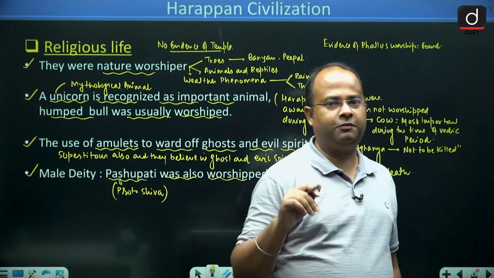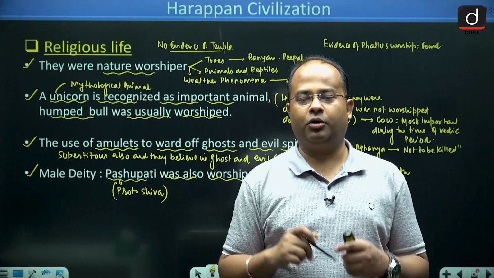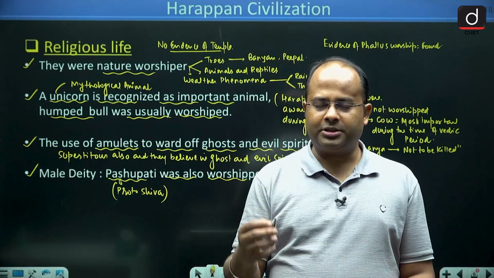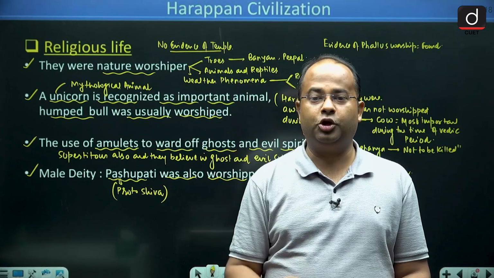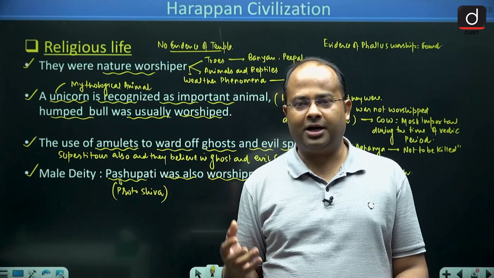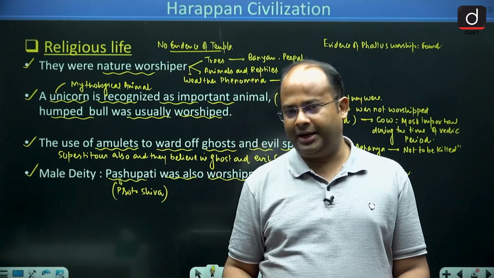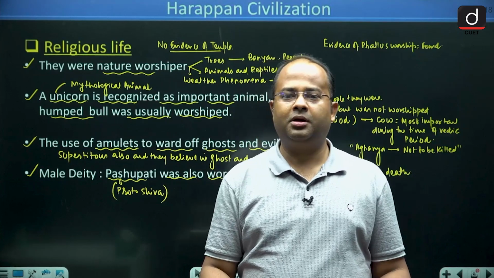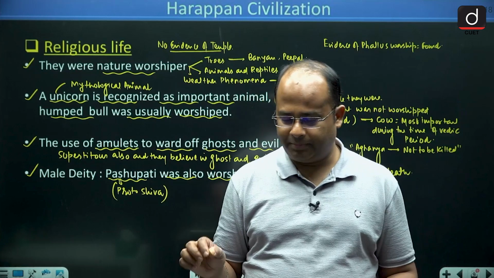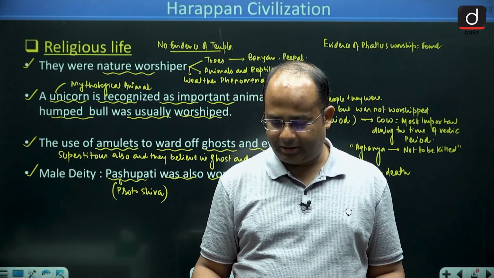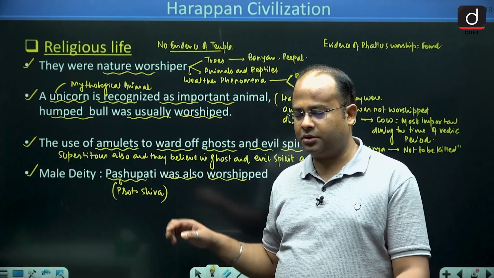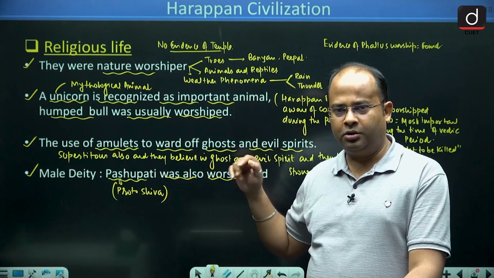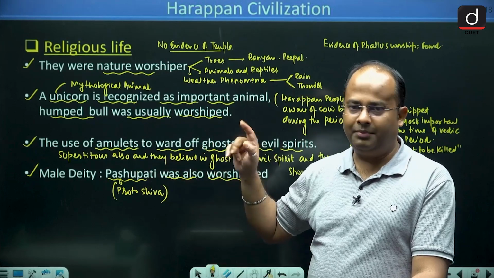There is a seal of Pashupati found from Mohenjodaro, in which a person with long hair is portrayed like a yogi sitting in a dhyan mudra, surrounded by animals. Historians defined this as Pashupati, considered the male god.